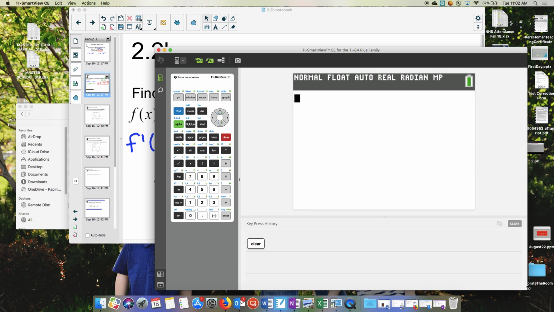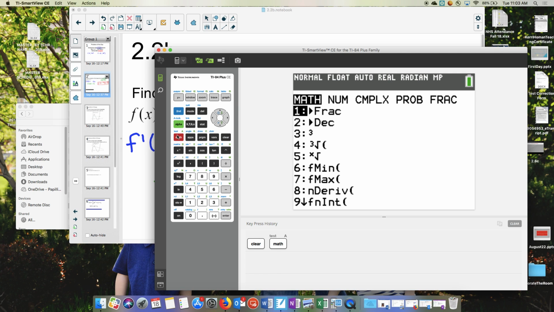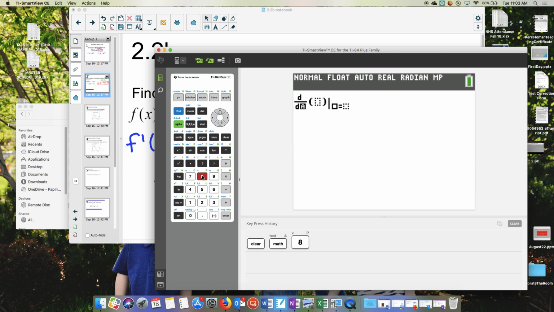You cannot find a derivative on your calculator, but you can evaluate a derivative on your calculator. And I want to show you that so you can check your answers essentially. Okay? So everyone go to the math button. It's right here. And what does number 8 say? Deriv. So math and then click 8.